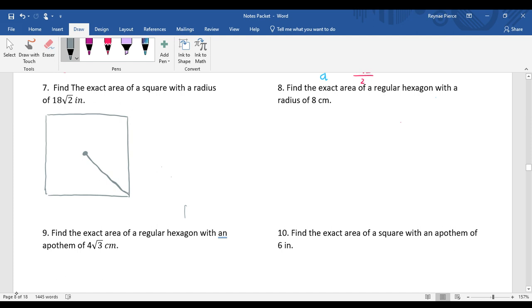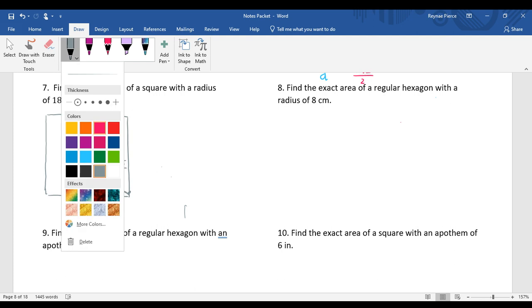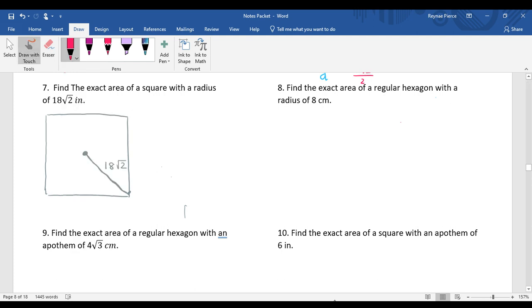Center to a vertex is 18 radical 2. And to get my special right triangle, there's my apothem. So this little triangle here is what's going to give me my 45, 45, 90.